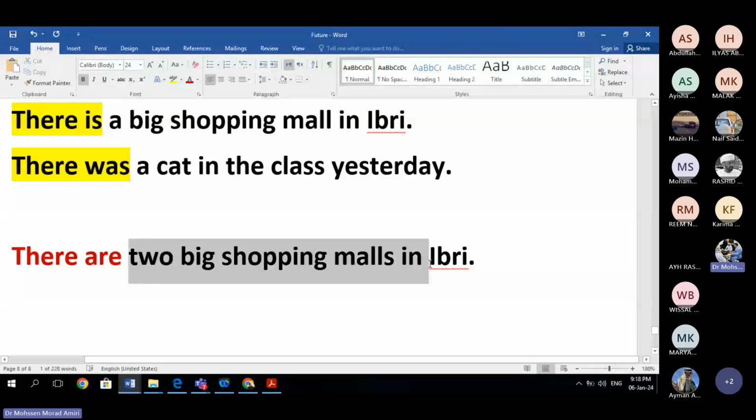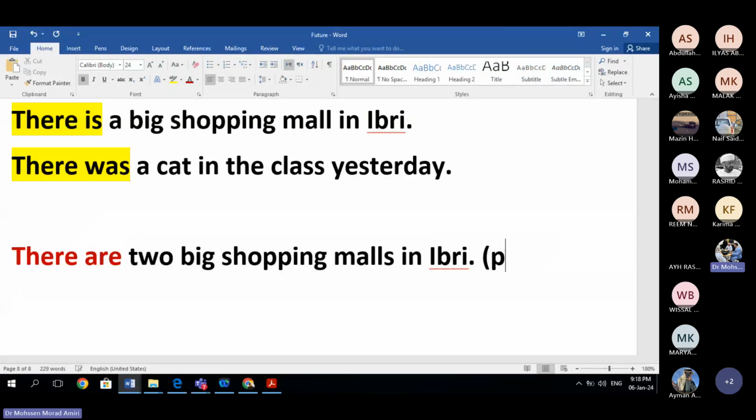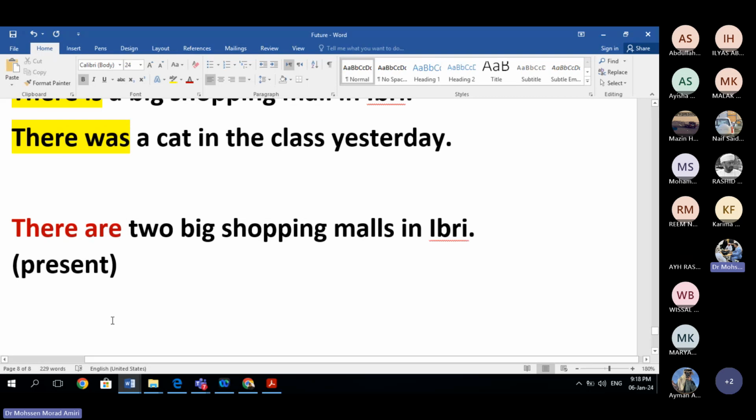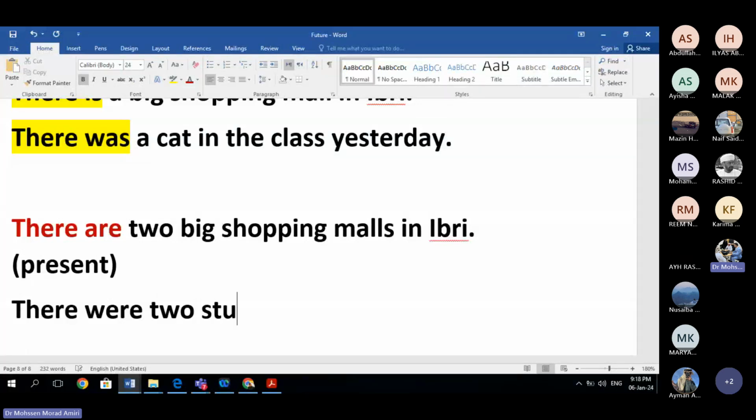But this is present tense, in general. But if I say that in Madi, for example, I will ask you, Karima, how many students were in the class yesterday? There were, see, because it is plural, there were 2 students in the class yesterday.